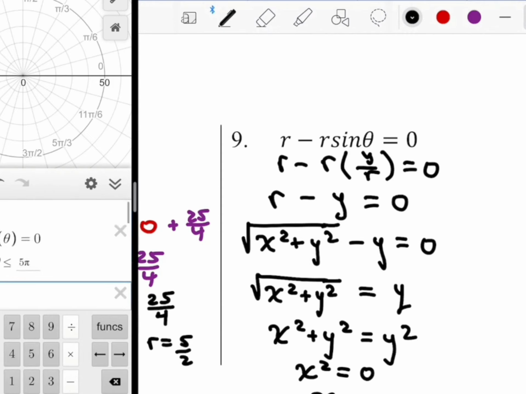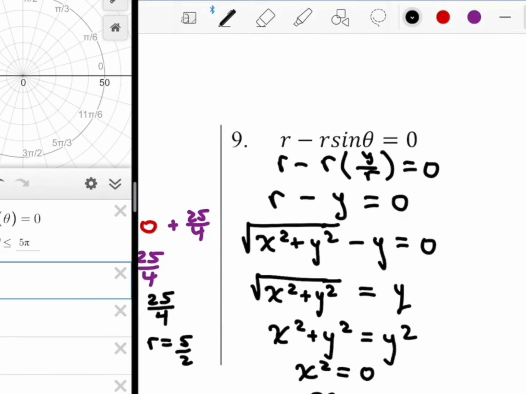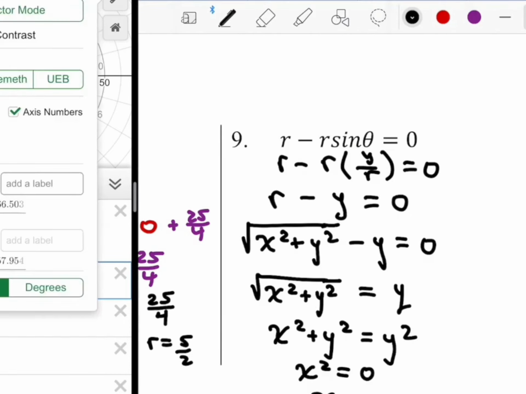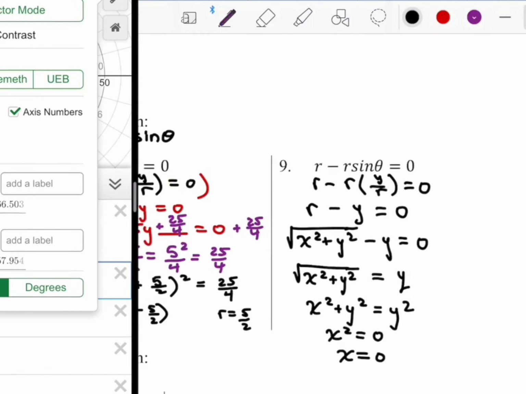So let me get some more domain. All right, so we found the exception that proves the rule, I guess. That tends to happen sometimes, but I wasn't expecting it to happen here. It is what it is.